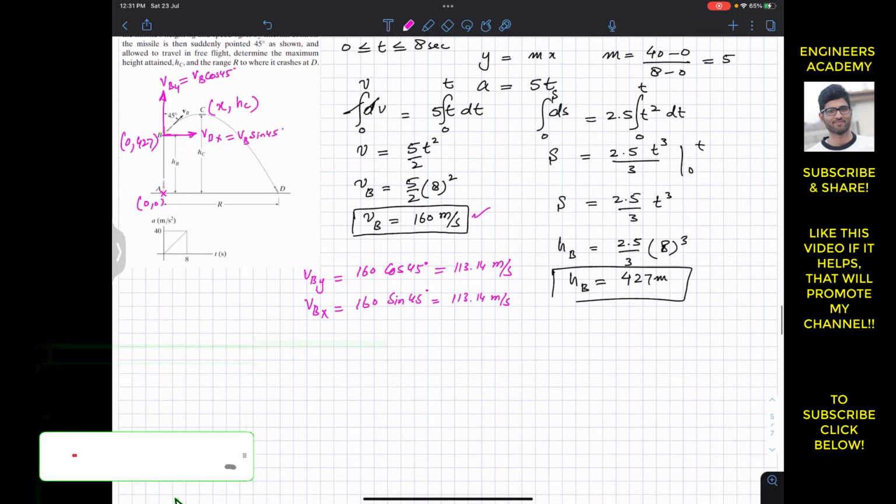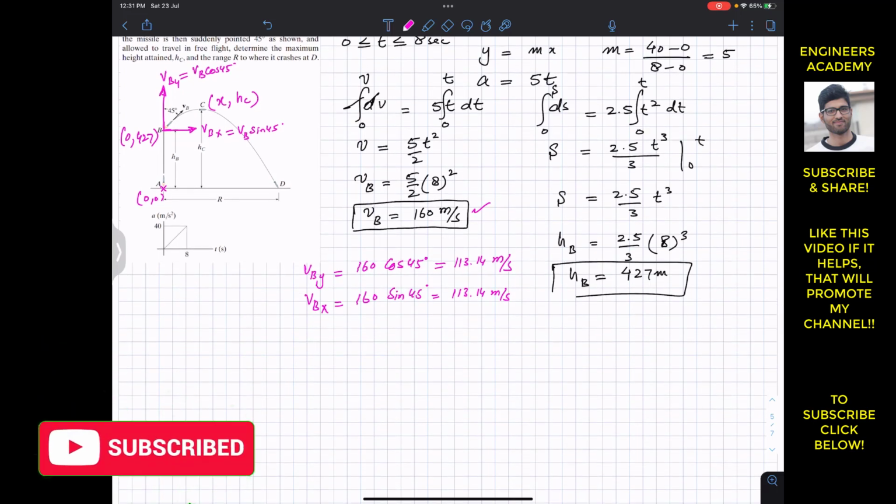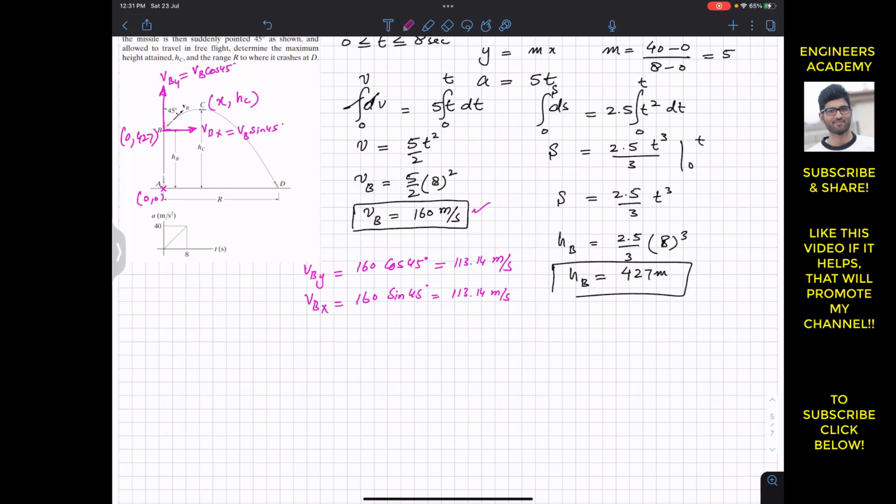Now to find hc we have to consider the vertical motion of this projectile. So let me write that we are considering the vertical motion from B to C.